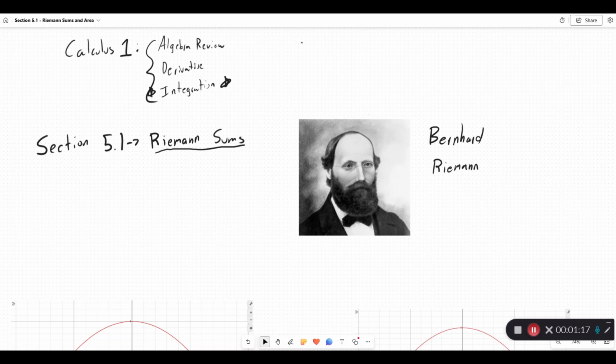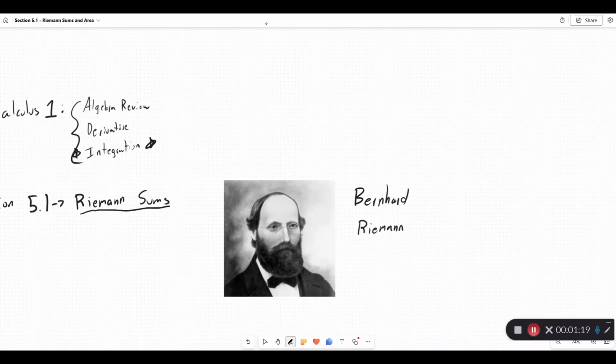If you go back to the early Greek mathematicians, the question that we're trying to answer is: what is the area, for example, of a circle?